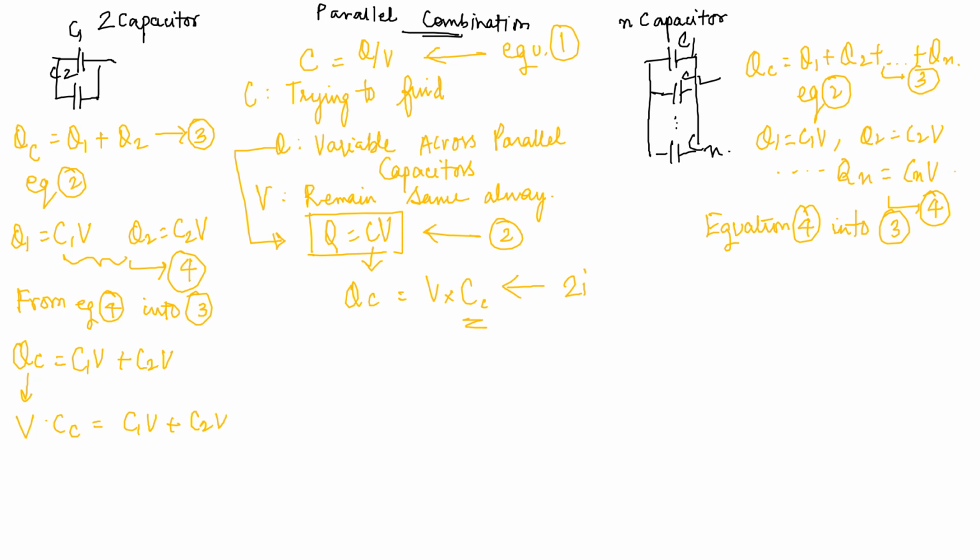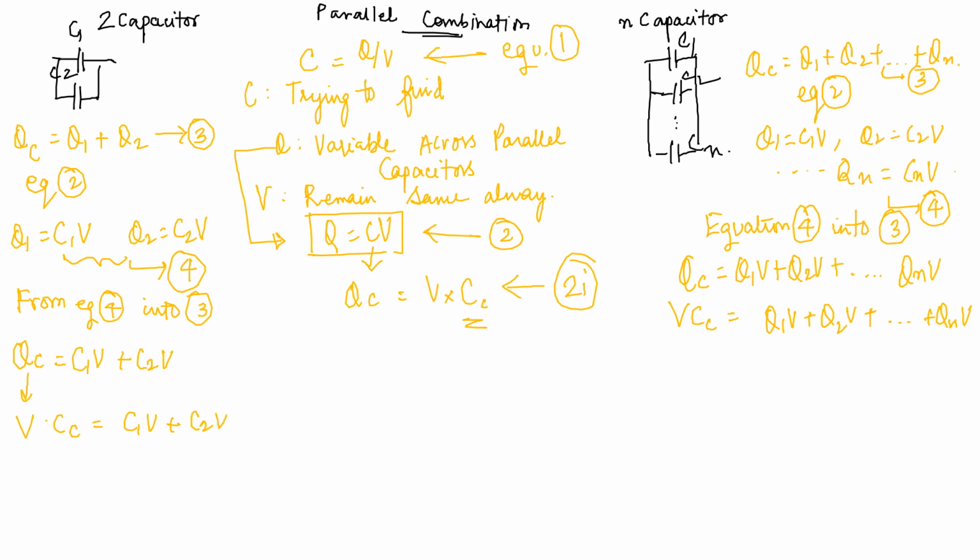Similarly here from equation 2i we will get V C combination equals C1V plus C2V plus up to CnV.